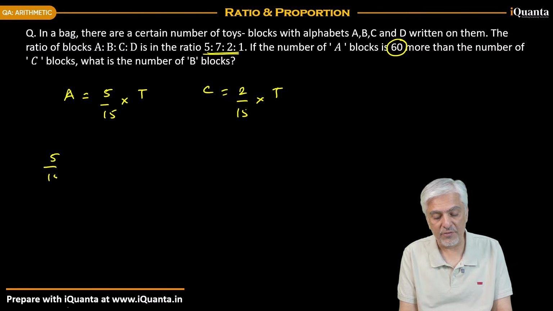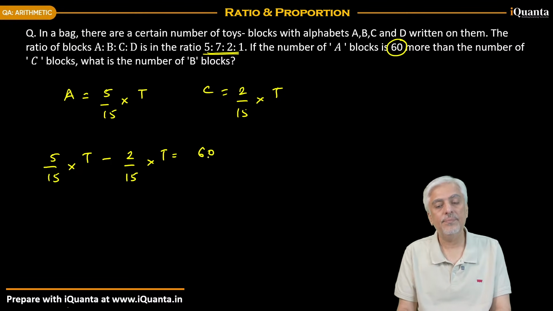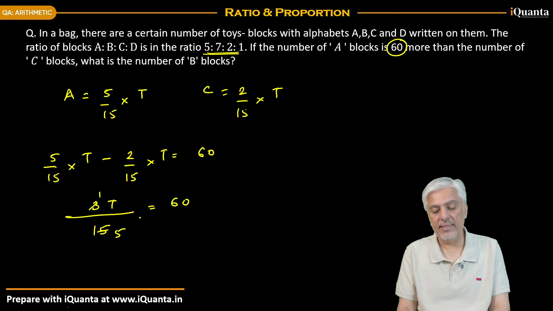So 5 by 15 of the total minus 2 by 15 of the total is 60. 15 is the LCM. 5t minus 2t is 3t is 60. 3 ones are 3 5s are. Take 5 on top. 60 multiplied by 5, t is 300.